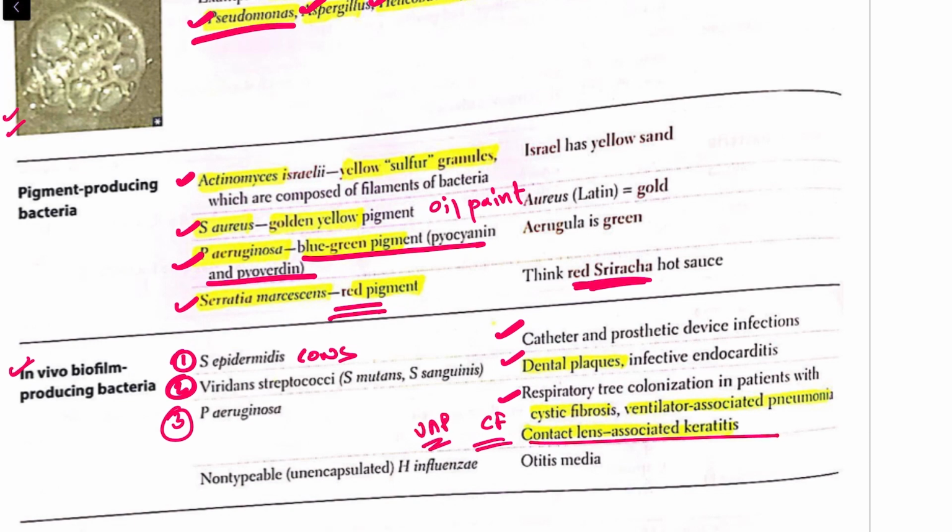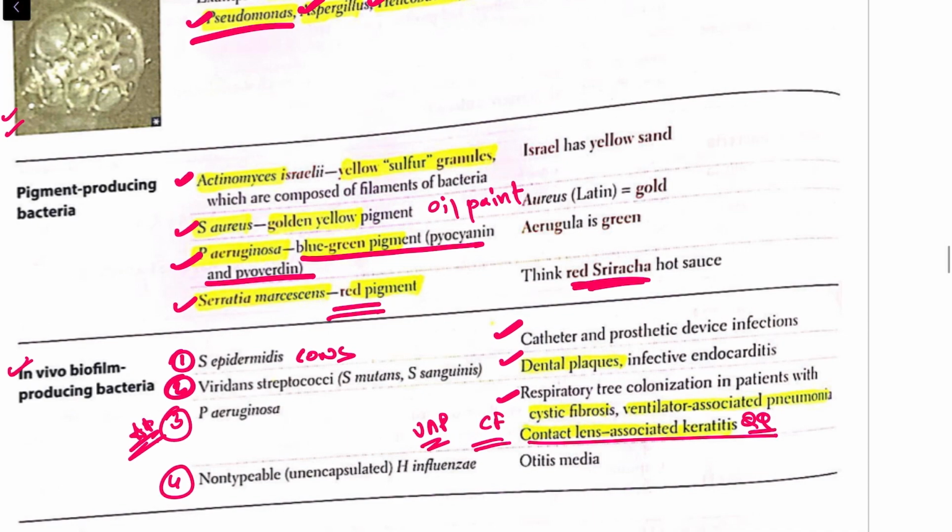This is also being tested n number of times. Pseudomonas, wherever it comes, is very important. Like Staph is the king of bacteria, Pseudomonas is the king of gram negative bacteria, you can say. Then non-typable, or unencapsulated H. influenzae, it leads to otitis media.